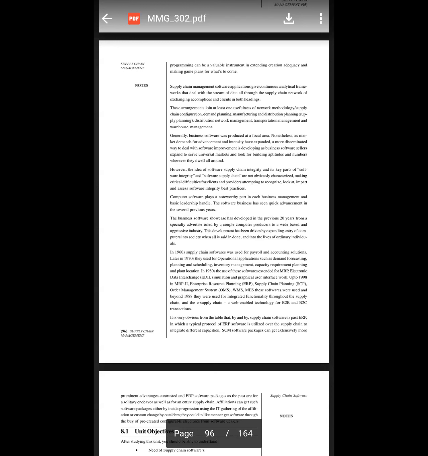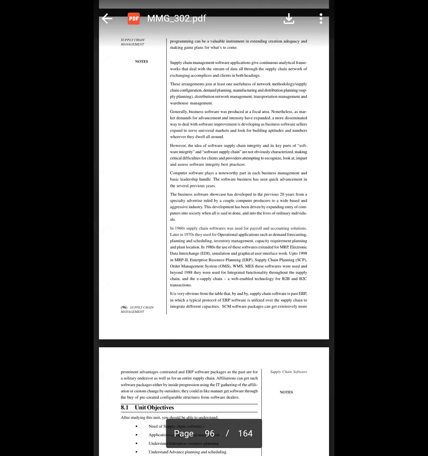E-supply, that is electronic supply, the web enabled technology for B2B and B2C transactions. Now B2B means business to business, B2C business to customers. It is very obvious from the table that supply chain software is a past ERP, in which a typical protocol of ERP software is utilized over the supply chain to integrate different capacities.